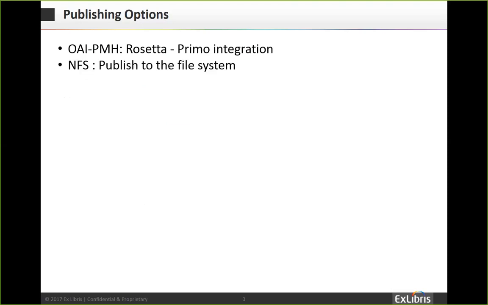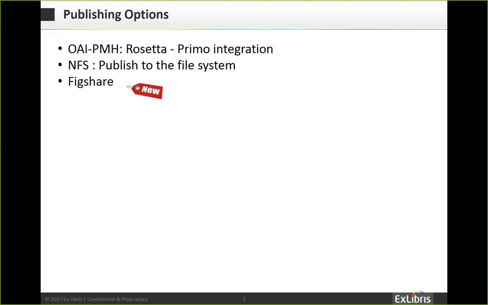So the publishing options we have, I think the mainstream platform used is the OAI-PMH, and that's what you're going to want to use if you're using Rosetta Primo suite integration. And so that's the mainstream, I think, that's used, and we'll talk about that a little bit more later on. We have NFS publishing, which is publishing to the file system, sort of a metadata export, if you will.